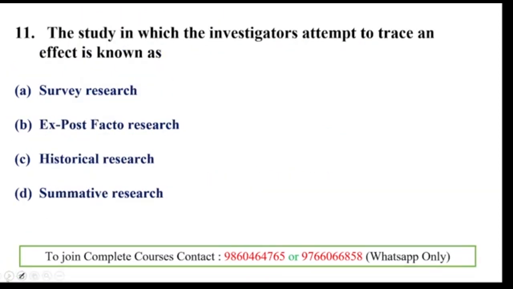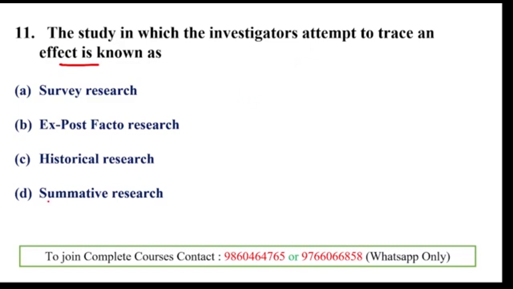And 11th one, the study in which the investigators attempt to trace an effect is known as. So through this research, the investigators attempt to trace out the problem, or they want to know the effect of the particular problem just after the incident.